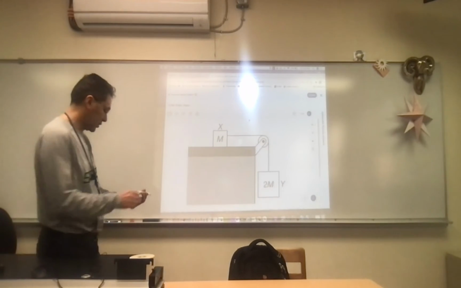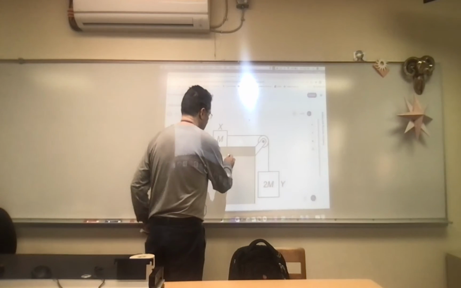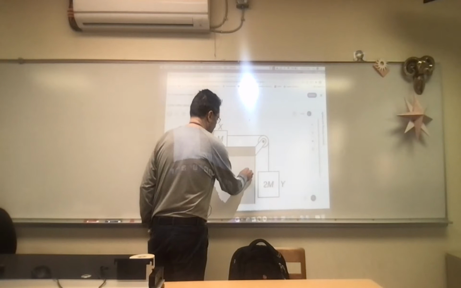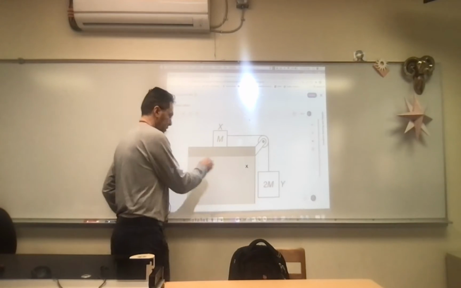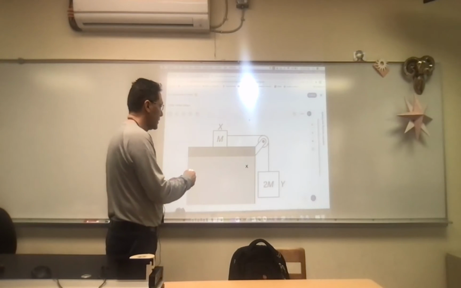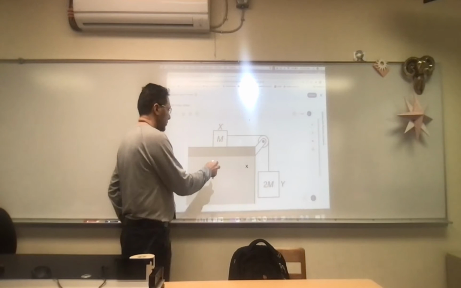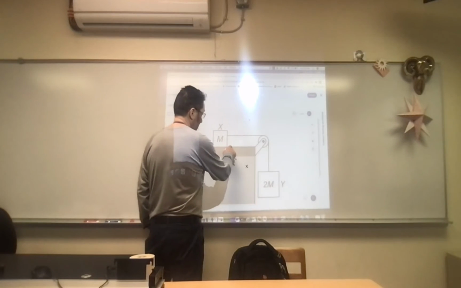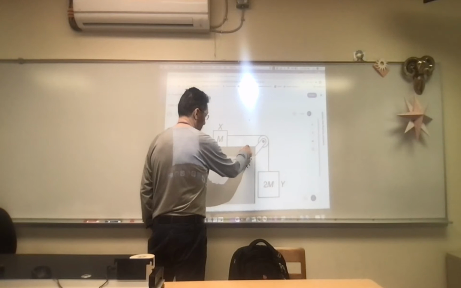So I'm looking at this picture here, and I can tell you that the center of mass is kind of closer to 2m. So maybe it's kind of like here-ish, let's say, right? I exaggerated that. I have no idea, but we can do the math later when we do center of mass, and then we can figure out exactly what it is. Well, if you think about it, this object accelerates this way, right?